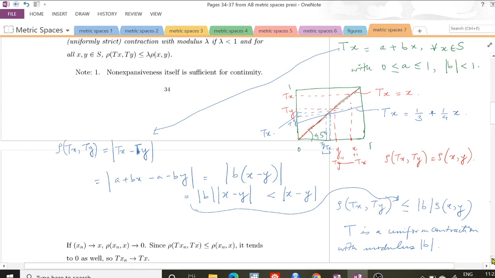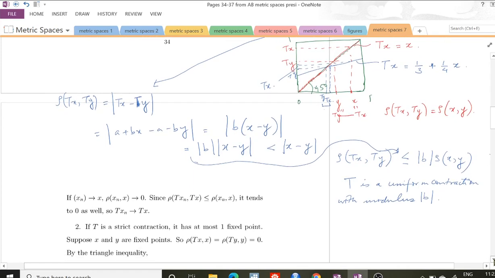Note that if t is non-expansive, then t is also a continuous function or a continuous map, right? So what is being said is, suppose t is non-expansive, then that implies t is continuous.